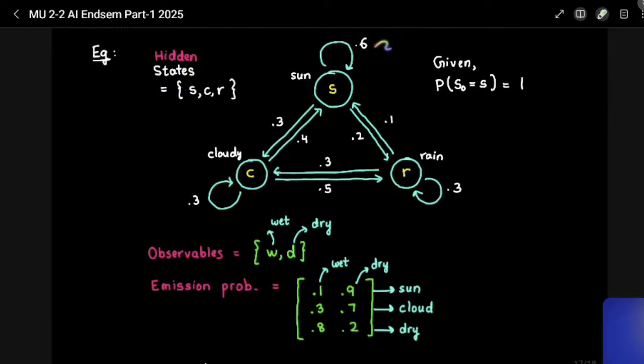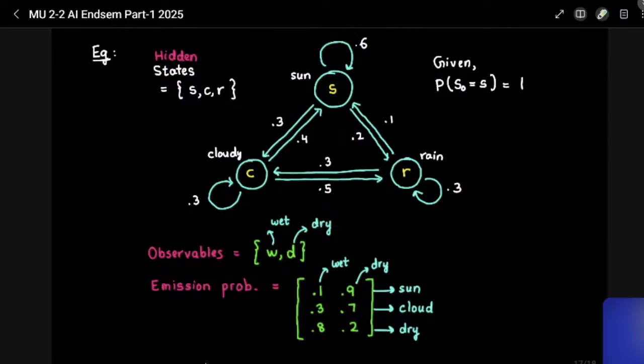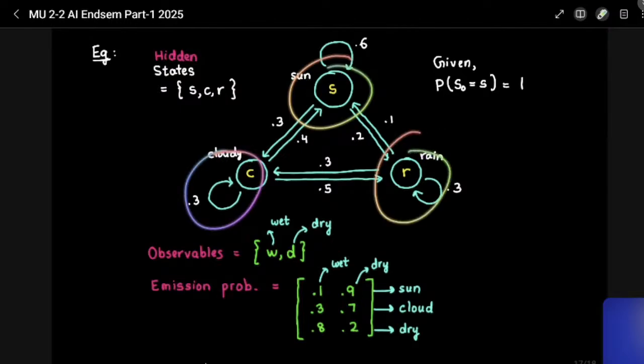Transition probabilities are with respect to the transitions from one hidden state to the other hidden state. I was telling you, you could be locked up in a room, and you have a friend who comes from the outside. He could either be wet or dry. That's the only thing you could observe, but you don't know if it's sunny, cloudy, or rainy outside. These things are hidden.